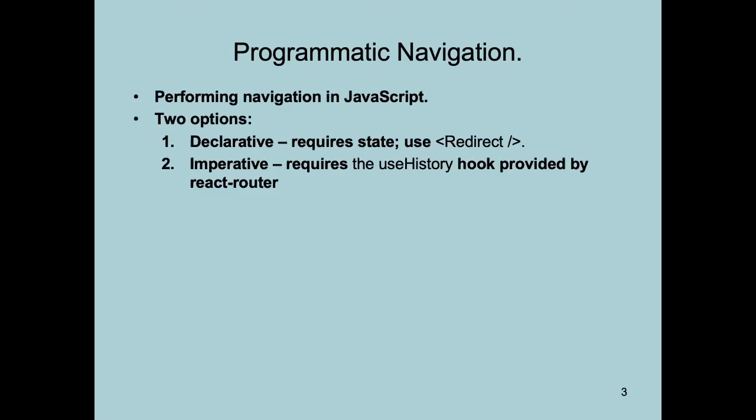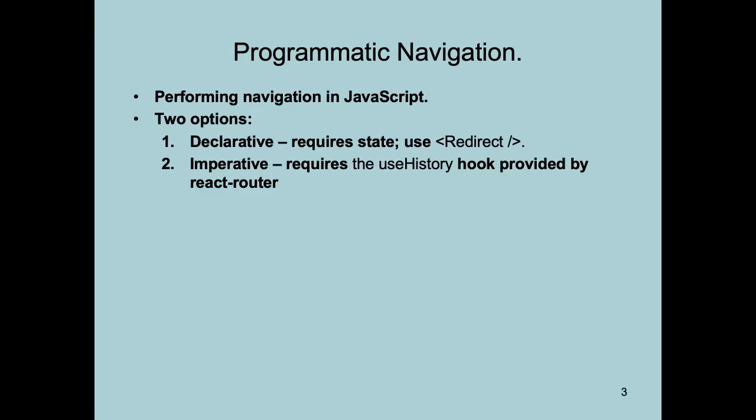Now, it turns out there are 2 ways we can implement this, and it's a matter of choice really as to whether you pick one or the other. In some minor cases, you have to go with one of the options. So I'm just going to show you how to implement what I'm calling a declarative approach towards programmatic navigation and also an imperative approach.